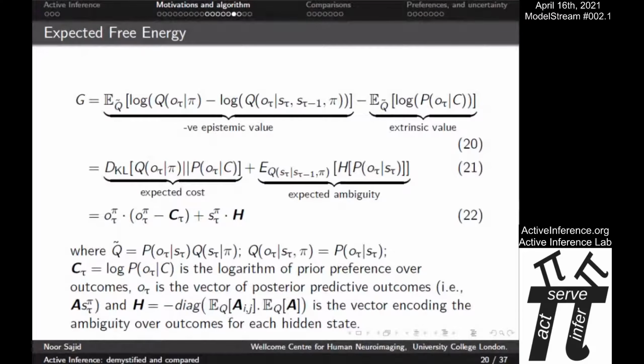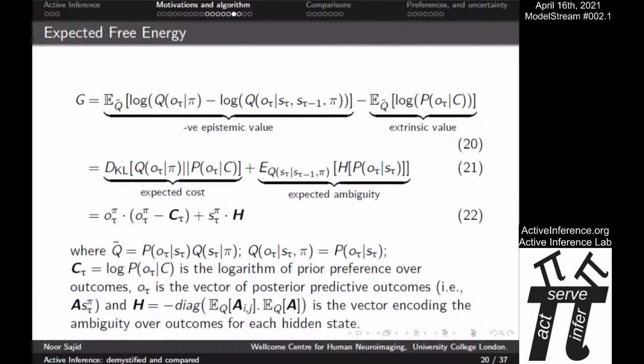Okay, we can also think about the second equation here, which is offering us an alternative perspective on the expected free energy: an agent wishes to minimize the ambiguity and the degree to which outcomes under a particular policy deviate from prior preferences. Ambiguity here is the expectation of the conditional entropy, or the uncertainty about outcomes under the current policy. In this setting, low entropy would suggest that outcomes are quite salient and uniquely informative about the hidden states.